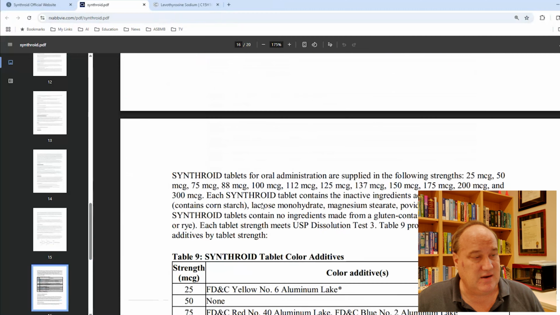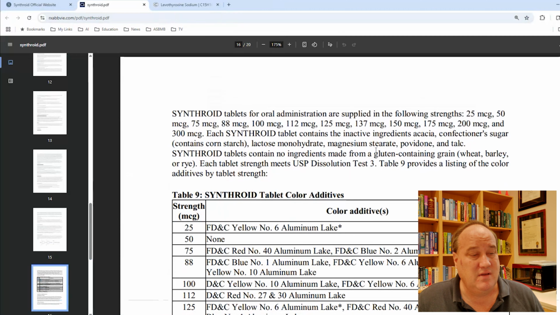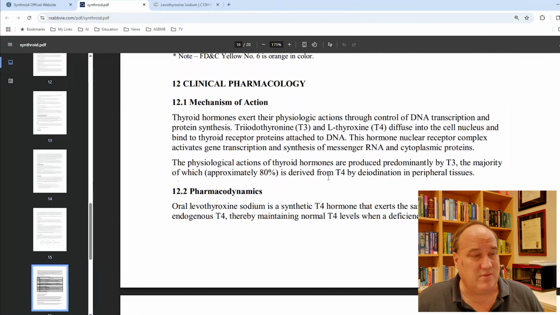The other thing to point out is that after that is where the pharmacology information is. This is the very end of it. And so this tells you the mechanism of action. Thyroid hormones, because this is a thyroid hormone, exert their physiologic actions through the control of DNA transcription and protein synthesis, and triiodothyronine and L-thyroxine diffuse into the cell nucleus and bind to the thyroid receptor proteins, to DNA, right?